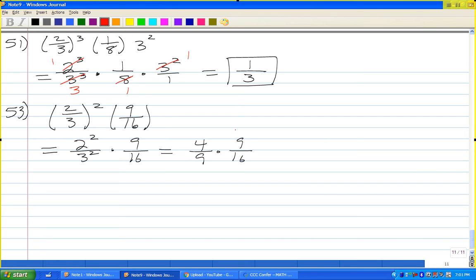The 9's cancel. 16 divided by 4 is 4. So this is equal to 1 over 4.